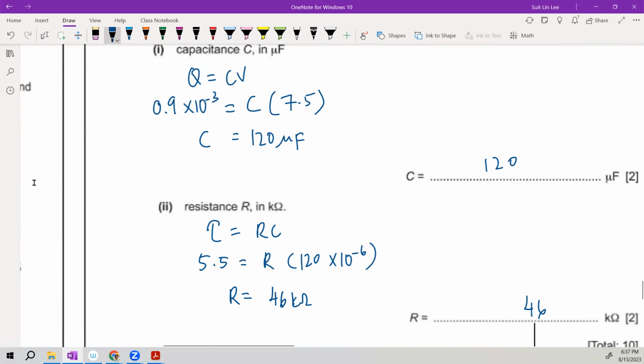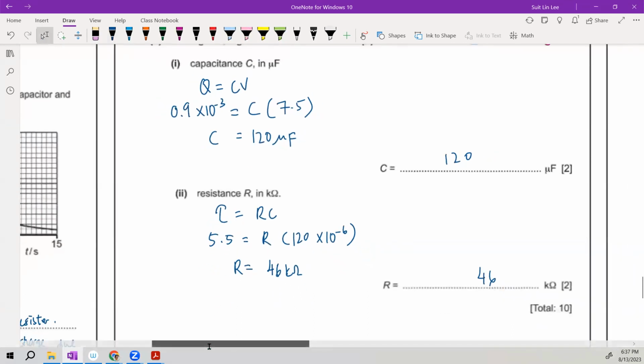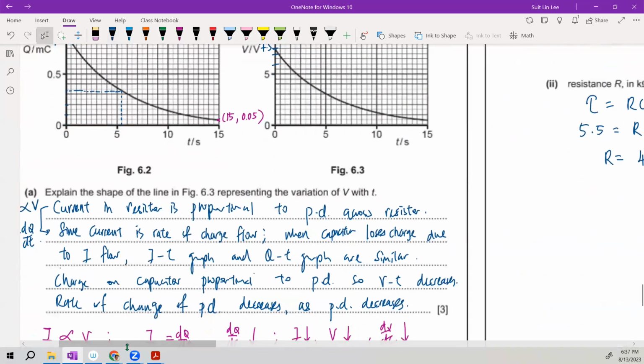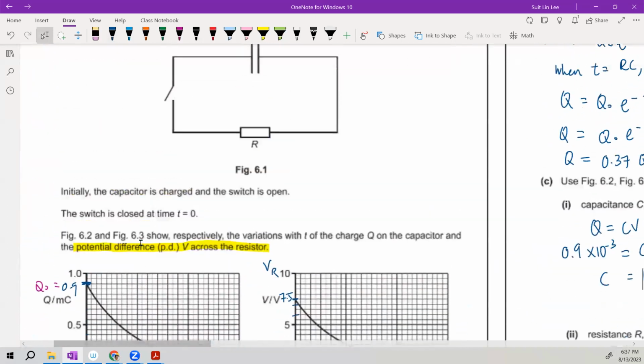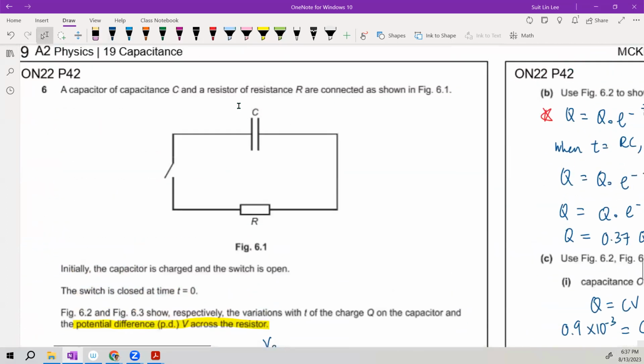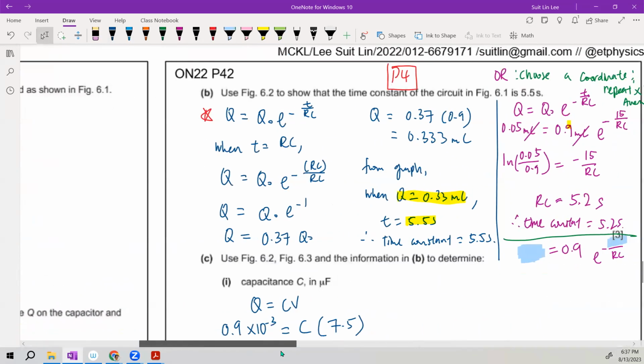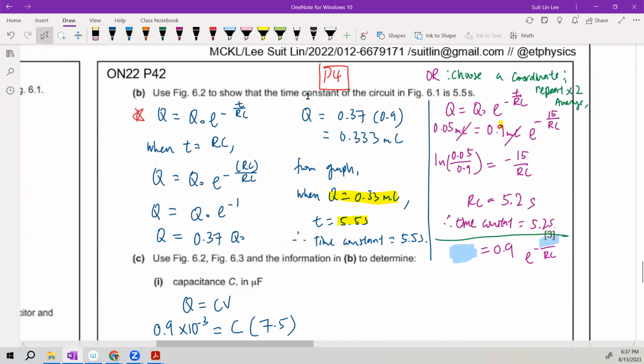Okay. So the part that is a little bit blindsided is mainly the explanation here. Because these two things are parallel, the potential difference across both of them will drop at the same time. So after you explain, when you want to find the time constant, this is recommended. It's not as simple as just using the equation.